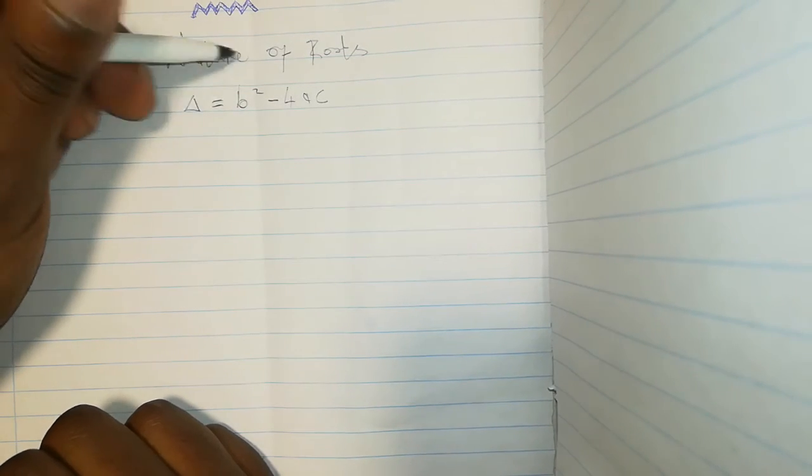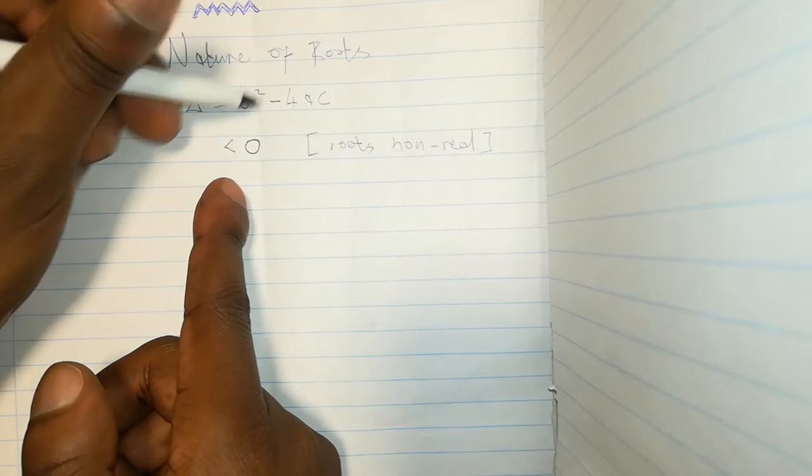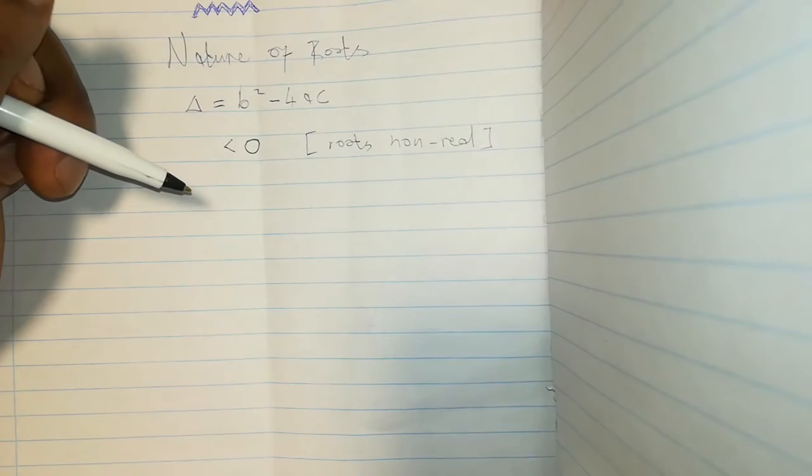If the discriminant value is less than 0, then the function has no real roots. The roots are not real because this value is less than 0.